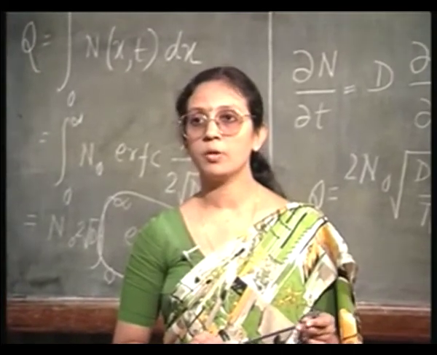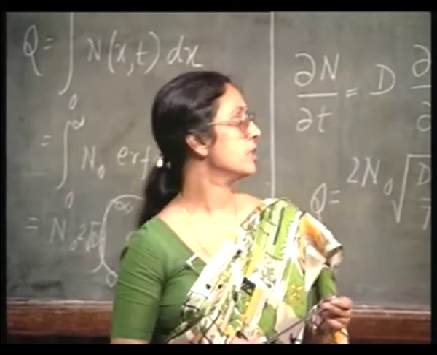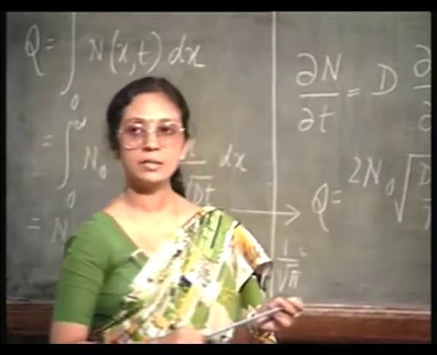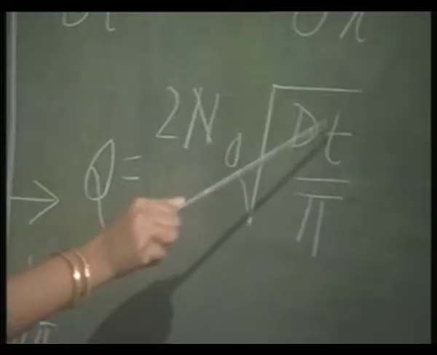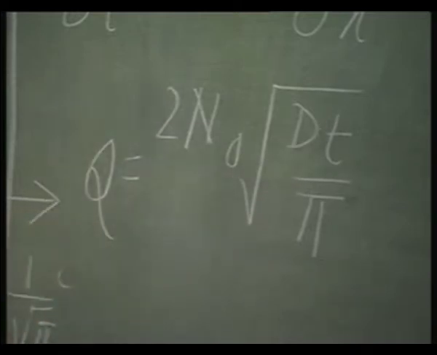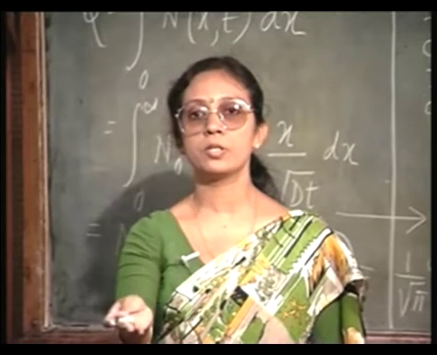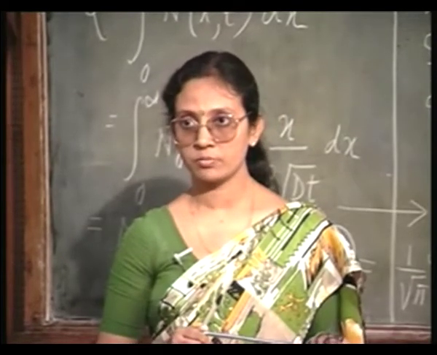So, I have found the third important parameter, that is the total amount of impurity that has been introduced during this diffusion. Notice that this is actually dependent on the time of diffusion, very rightly so. The longer period you diffuse, the more impurity is going to be introduced.